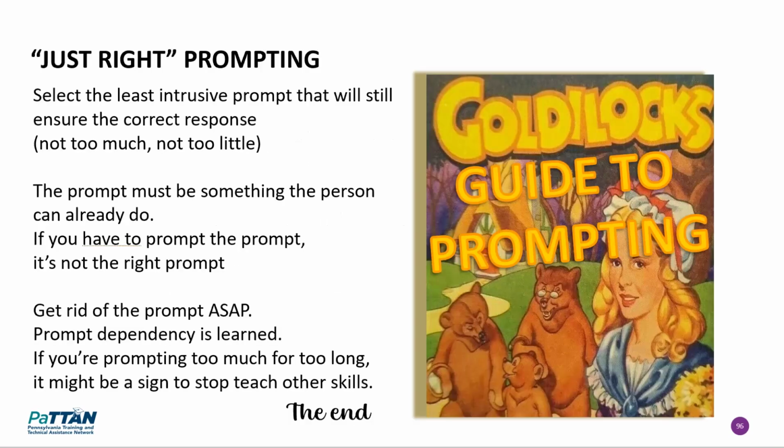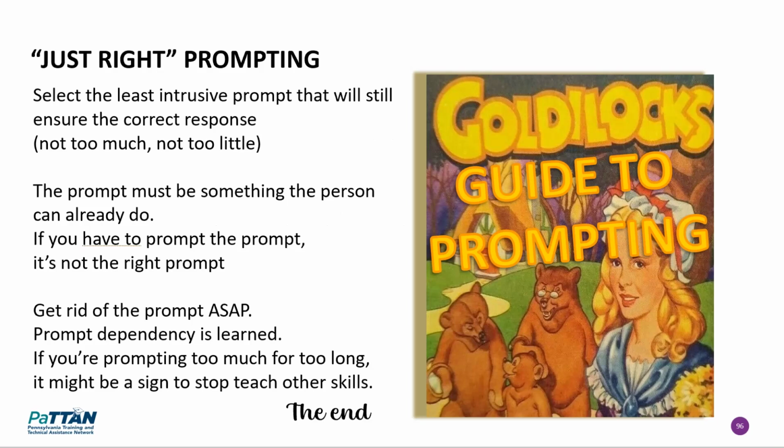All right. So here is a kind of Goldilocks guide to prompting. If you're familiar with the fairy tale Goldilocks, not too much, not too little. You just got to find that sweet spot, what's just right. So the golden rule here is select the prompt that's going to ensure the right response. Prompt dependency is learned.